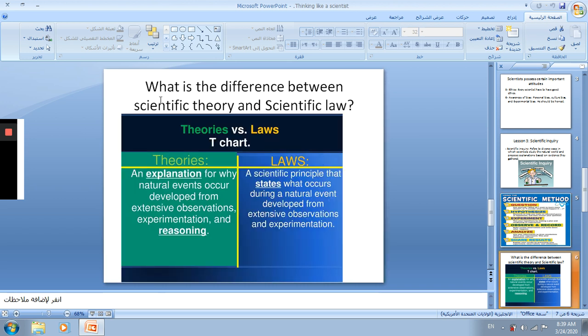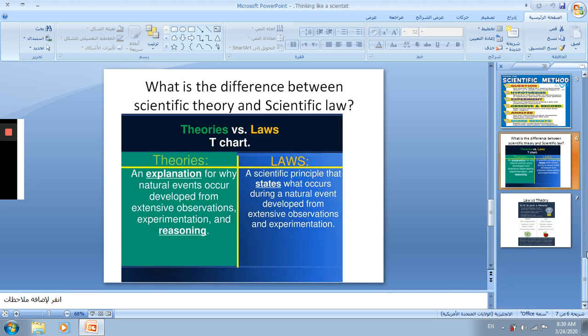Okay. Now, our last topic for today is, what is the difference between scientific theory and scientific law? If you open your textbook page 27, what are scientific theories and laws? As defined in your textbook, a scientific theory is a well-tested explanation for a wide range of observation and experimental tests.